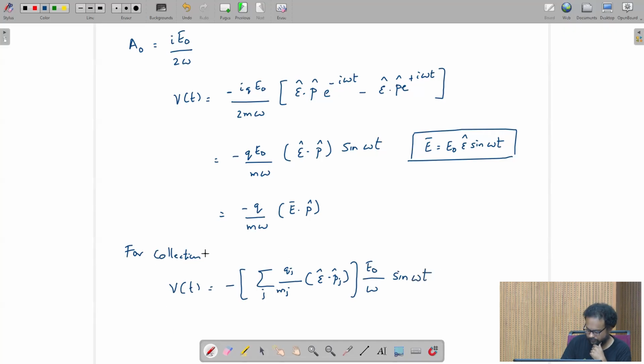Okay, cool. It's not simplified yet and still looks cumbersome, but this is my V of t.